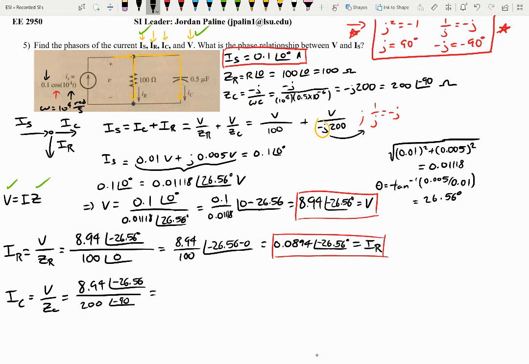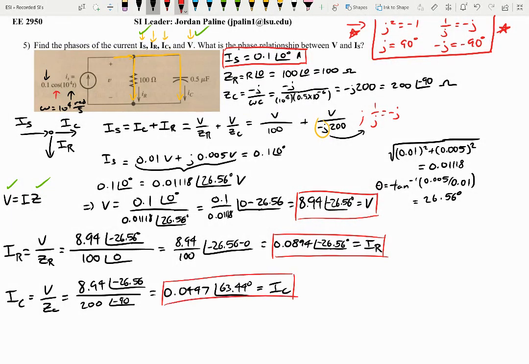We'll get 0.0447 at an angle of 63.44 degrees. That'll be our current through the capacitance.